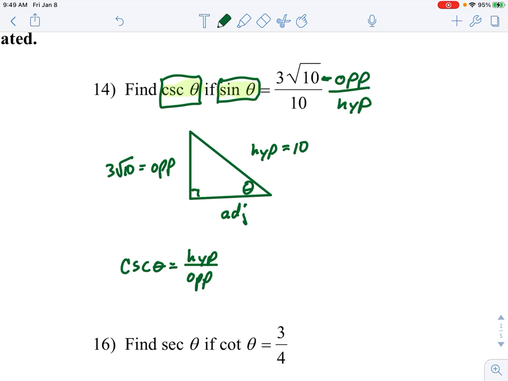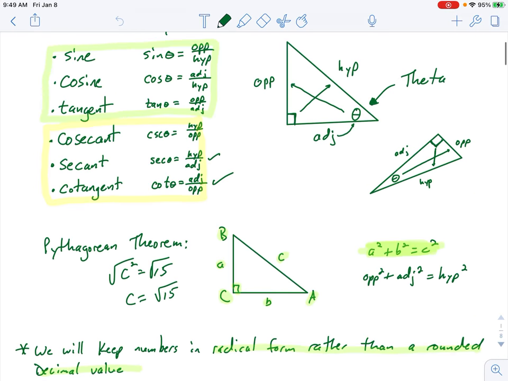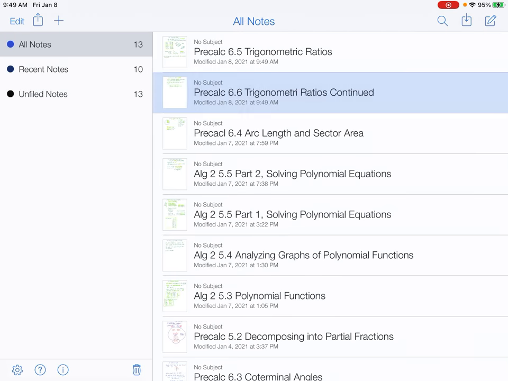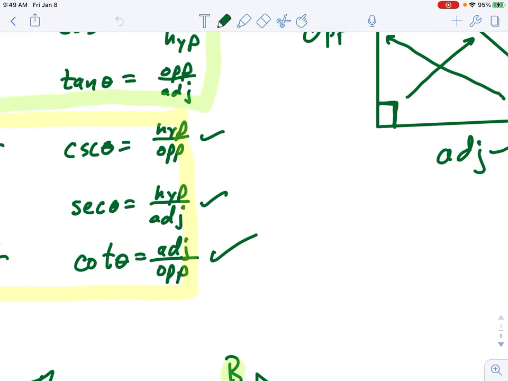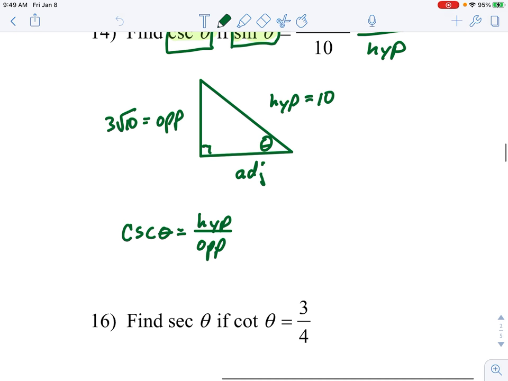If you remember from the previous lesson, I got really paranoid about forgetting this, so I'm going to go back to the notes from the previous lesson. Yeah, right there, hypotenuse over opposite. So feel free to check your notes as needed. So I just take the hypotenuse, which is 10, over the opposite, which is 3 square root of 10, right? Hypotenuse over opposite.